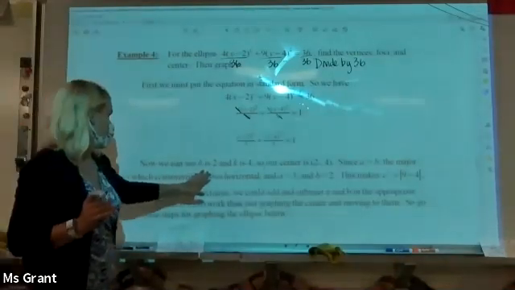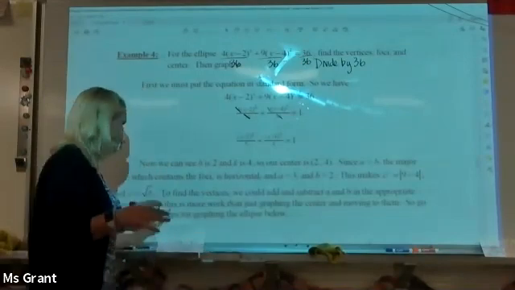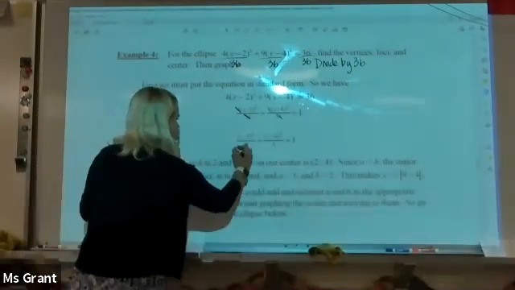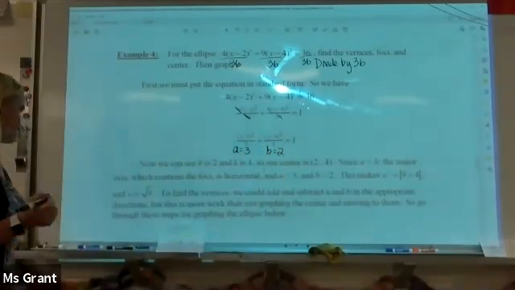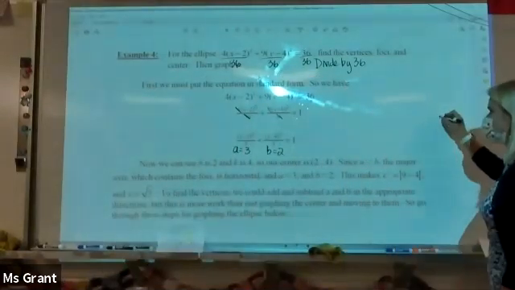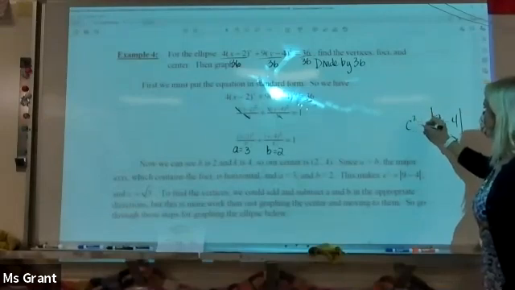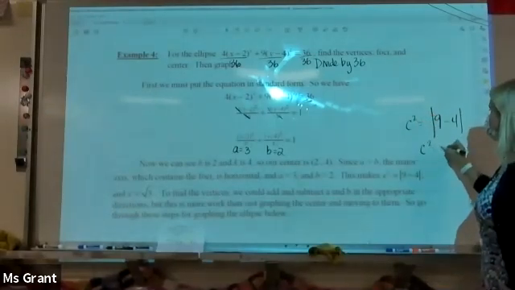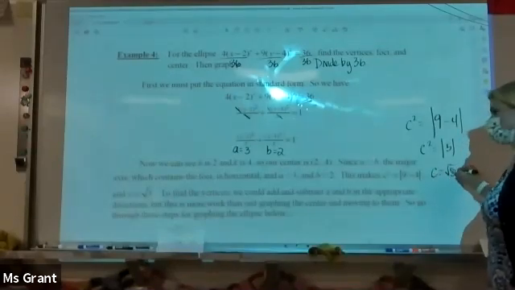And center, let's see. I need to start graphing it. My A is 3, my B is 2, and the C squared is A squared minus B squared. So C squared is 5, C equals rad 5.